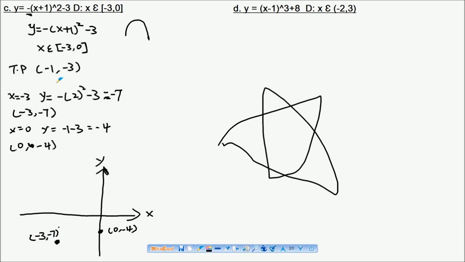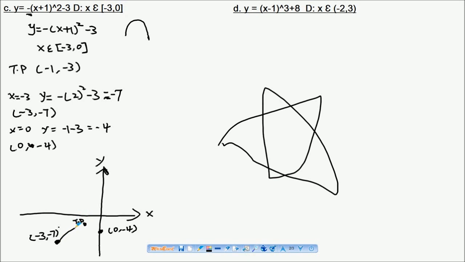And now we have to draw a parabola. The turning point is minus 1 and minus 3. Okay, so let's say here is the turning point. Now we draw a parabola to connect them together.